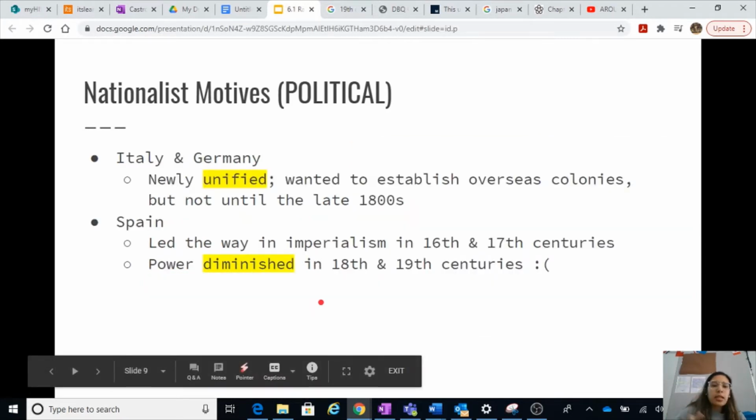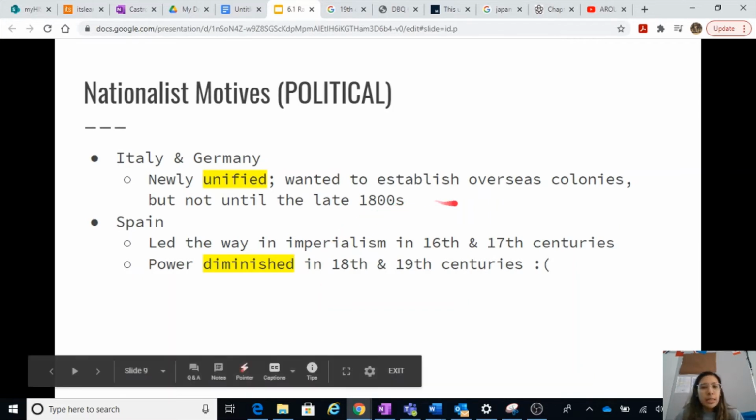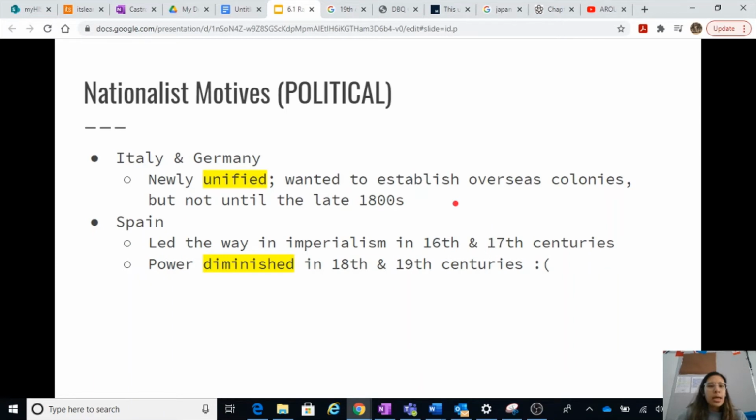Then Italy and Germany, since they had just unified, they're not really entering the empire game at this point. They were kind of a little late to the party, but they did want to establish overseas colonies. They didn't do so until the late 1800s. Spain, if you remember, back in 1450 to 1750, they were the leaders in imperialism, them and the Portuguese.